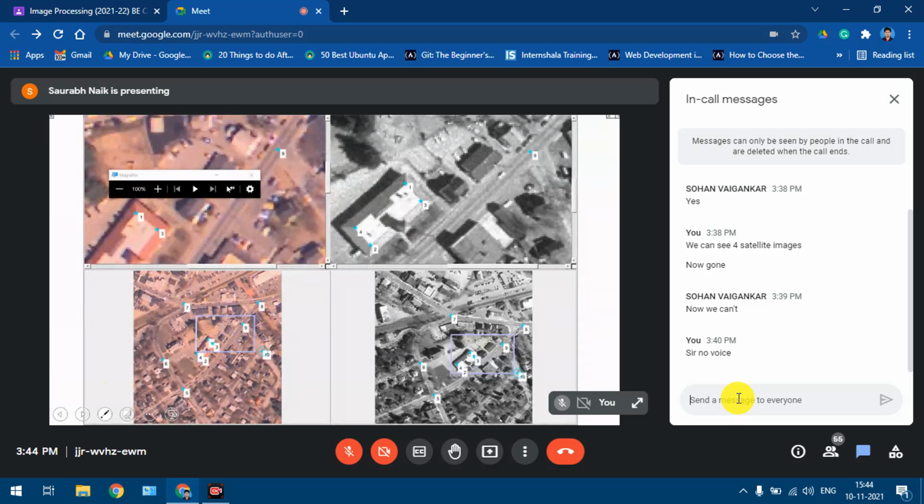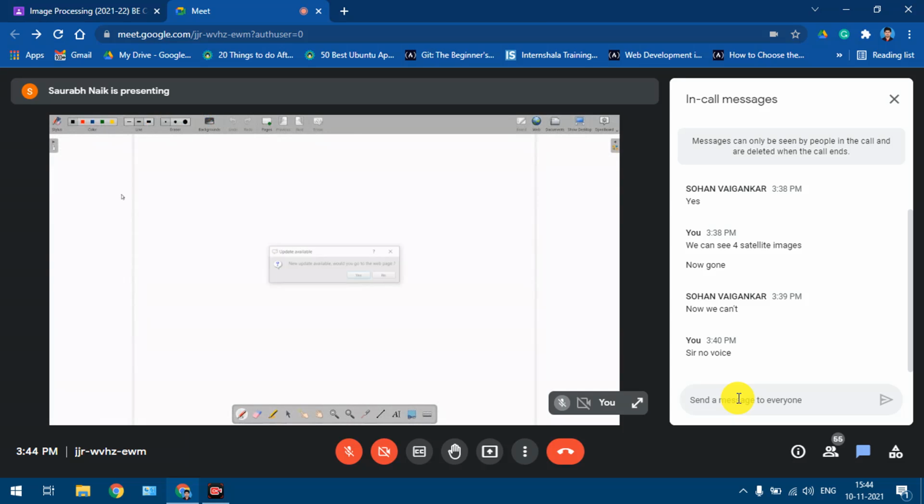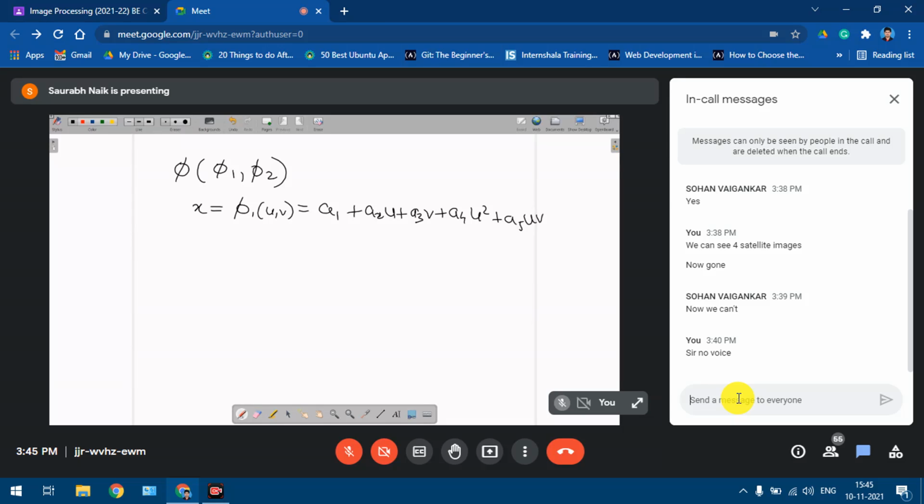We are basically approximating that the original image undergoes an operation phi1 and phi2 such that x of the image will produce an equation: a1 plus a2u plus a3v plus a4u square plus a5uv plus a6v square.